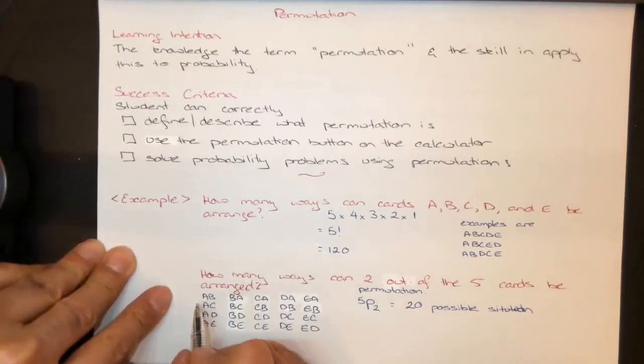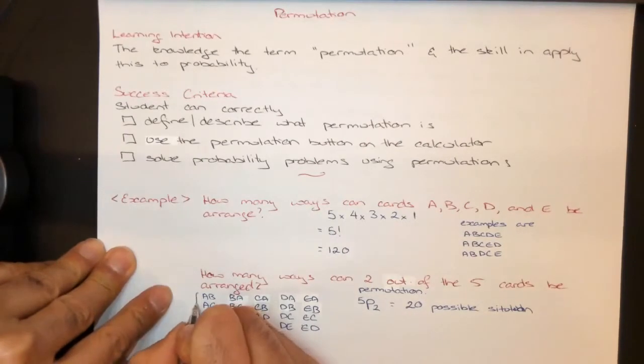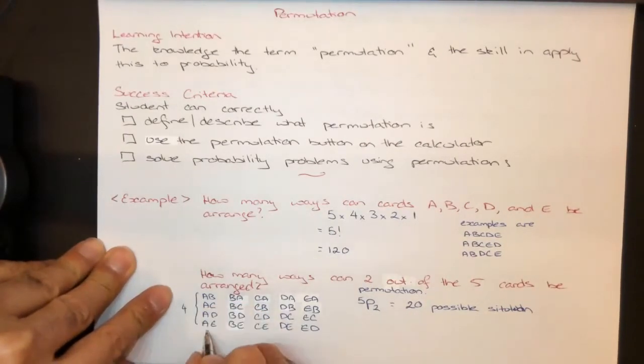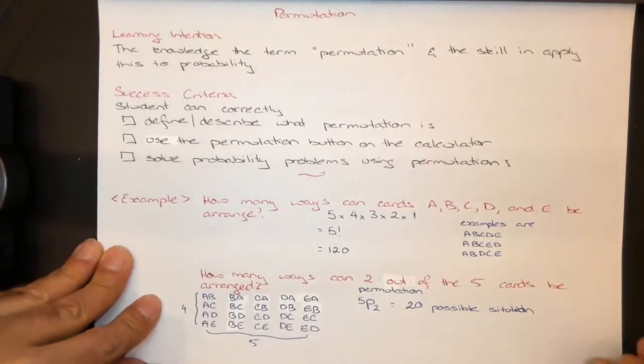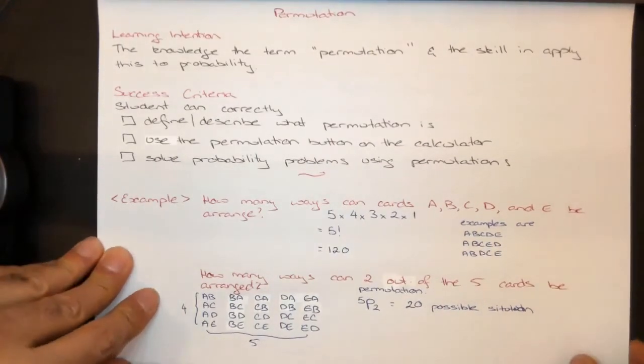So we have 4 by 5 options. So we have 20 possible solutions.